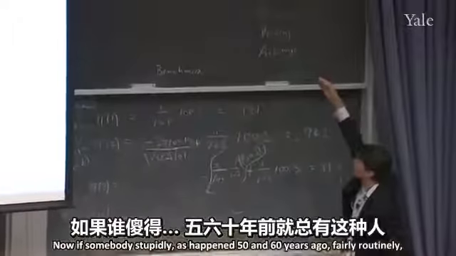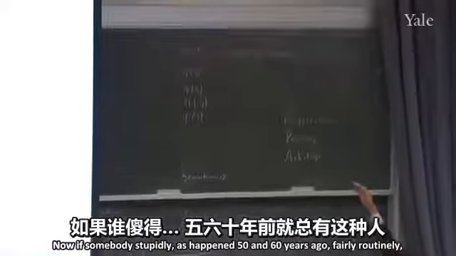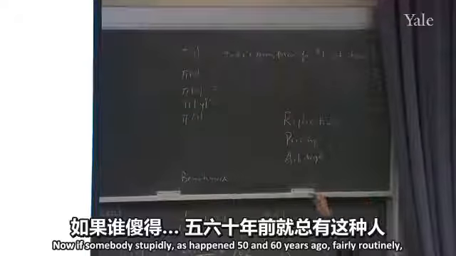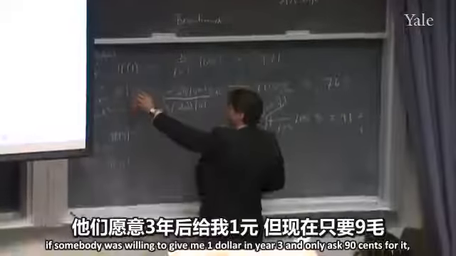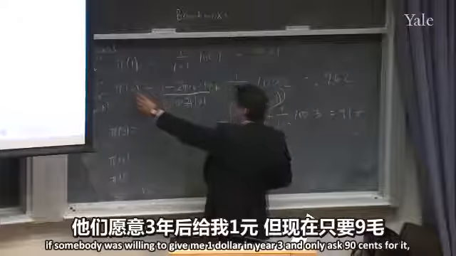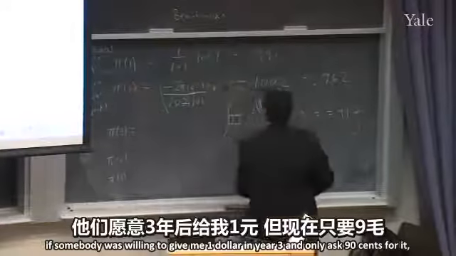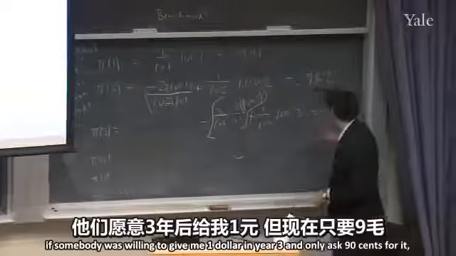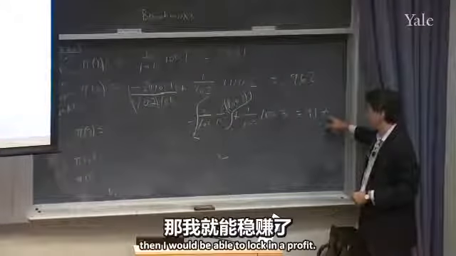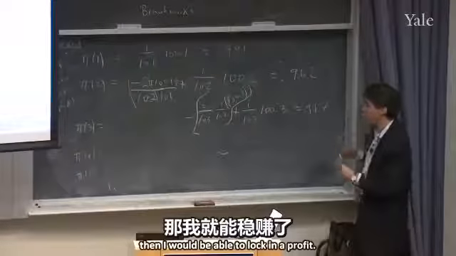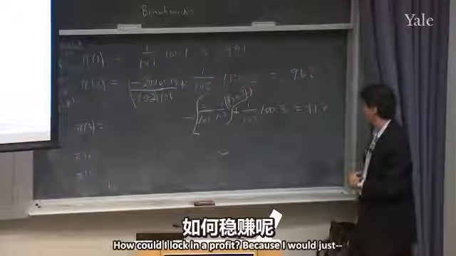Now, if somebody stupidly, as happened 50 and 60 years ago fairly routinely, was willing to give me $1 in year 3 and only asked 90 cents for it, then I would be able to lock in a profit. How could I lock in a profit?